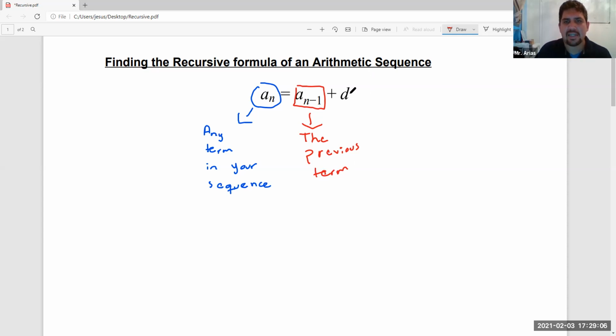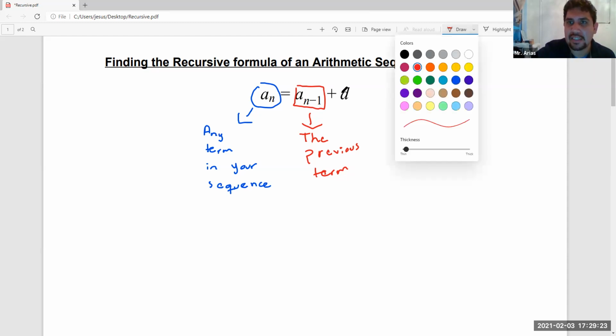Okay. And then lastly, the last piece of information that we need to review here is the value of d, which if you have watched my videos over the past few days, you would notice that when we're talking about arithmetic sequences, d is the common difference that separates the terms in your arithmetic sequence. So this one is our common difference.